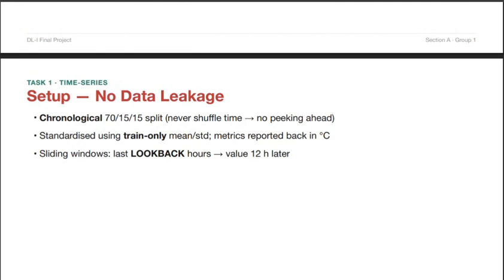If we shuffled it, it might lead to leaking the values of the future, and it would not let the model learn better and might overfit as well. We standardized the data using mean and standard deviation, and the metrics were reported back in degrees Celsius. We also used sliding windows, the look-back hours, which is an ablation technique. We'll talk about that in a while.